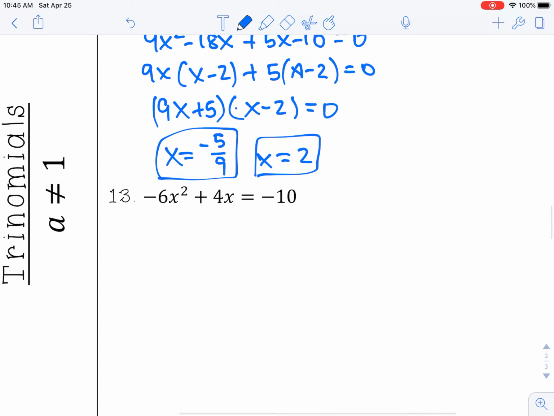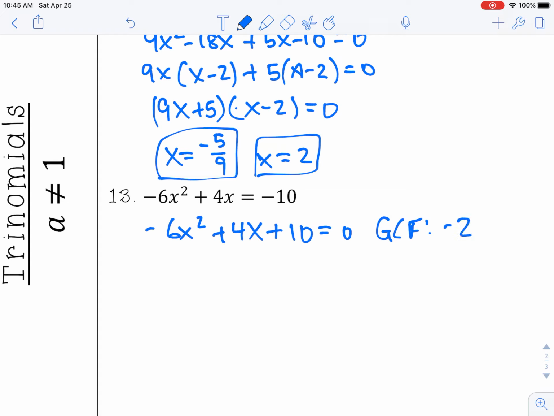Okay. This one needs to be in the equals 0 form. So I need to add 10 to both sides. And then I'm going to factor out a GCF of negative 2, because I want this leading coefficient to be positive.